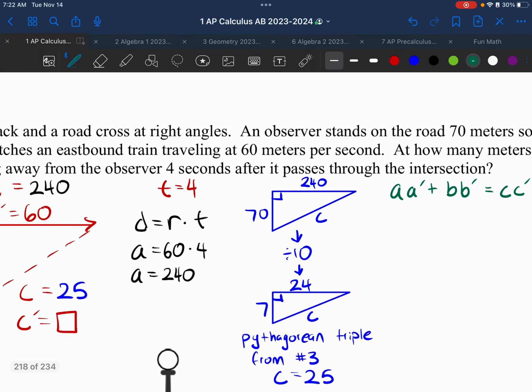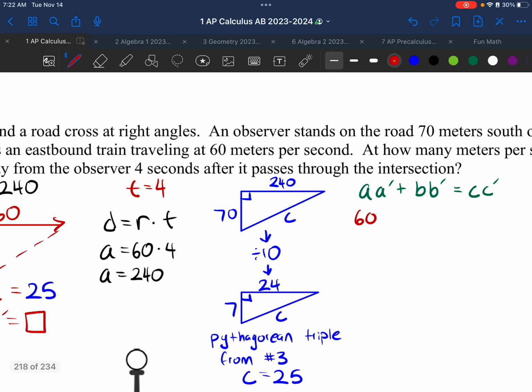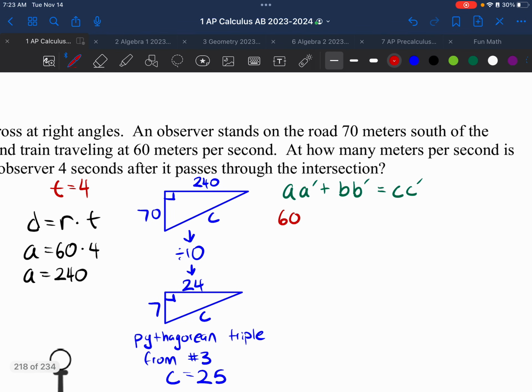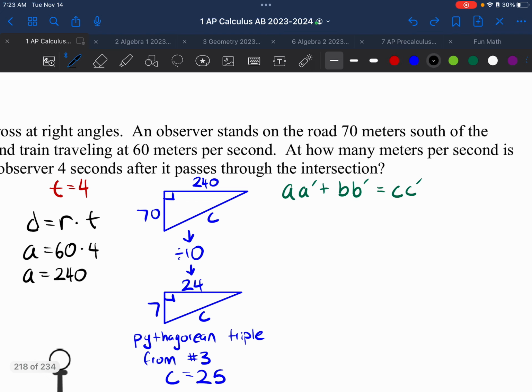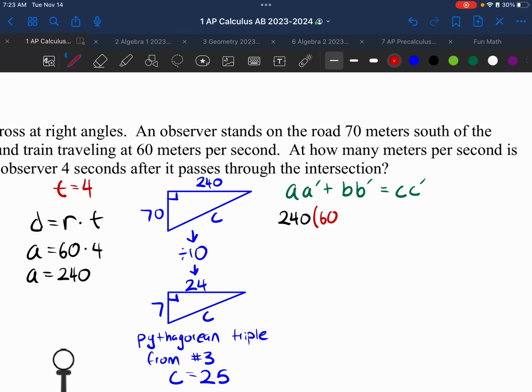All right, A is 240. 240 times A prime, which was 60. I have to change my colors so they all match so people can follow this. Hold on. A was 60, which was red. A prime, no, A was 240 though. Come on, Mr. Sindel. 240 times A prime, which we did know was 60, which was in red, times 60.